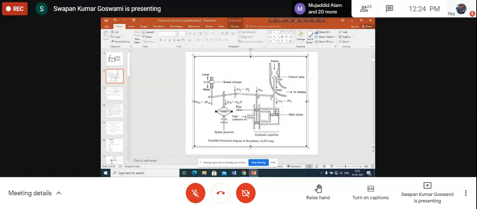As the main piston moves up, obviously the opening of the steam valve will be somewhat reduced. As the opening of the steam valve is reduced, less steam will enter the turbine, as if you have reduced the mechanical power input given to the generator.